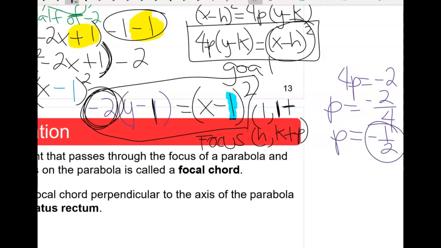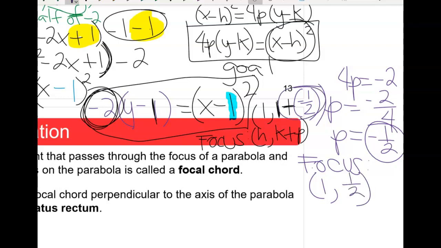So that is the value of p. So if we have 1 plus -1/2, that's going to give us for the focus the coordinates 1 comma, and 1 minus 1/2 is just going to be 1/2. So those are the coordinates of the focus.